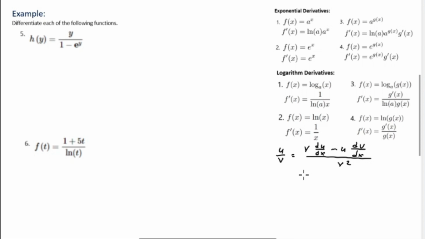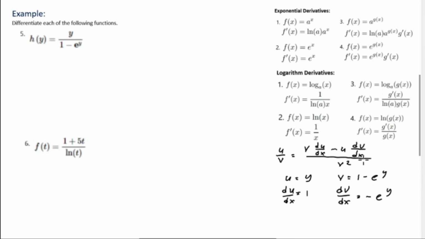And in example number 5, u is equal to y, the numerator, and its derivative du/dx is equal to 1. V, which is the denominator, is 1 minus e^y, and its derivative dv/dx is equivalent to the derivative of 1, which is 0, minus the derivative of e^y, which based on the exponential derivatives is e^x, or e^y.